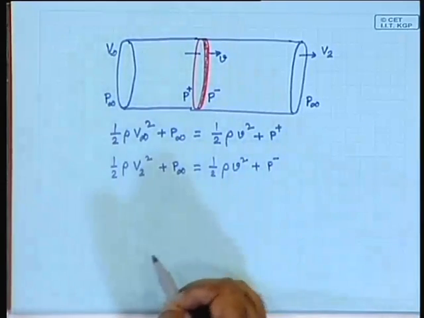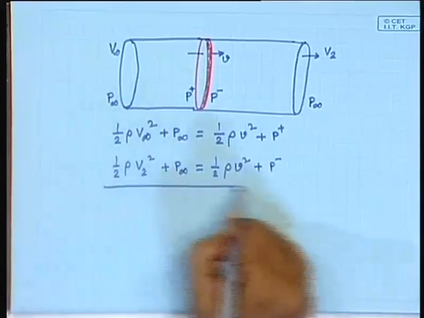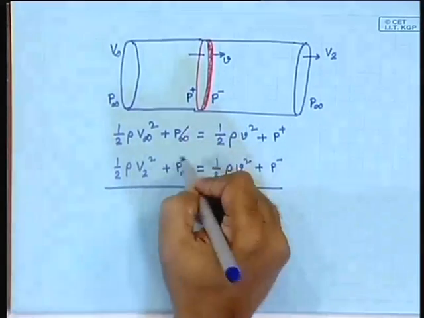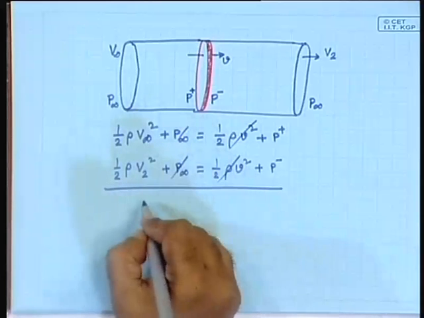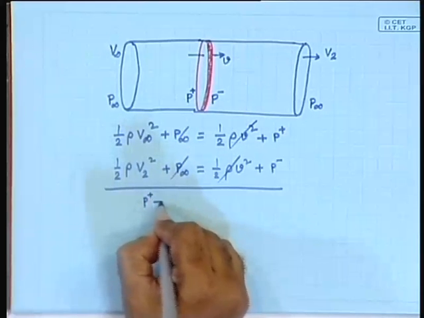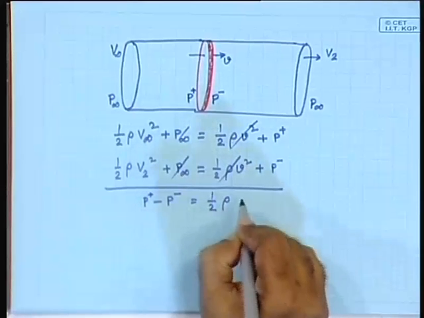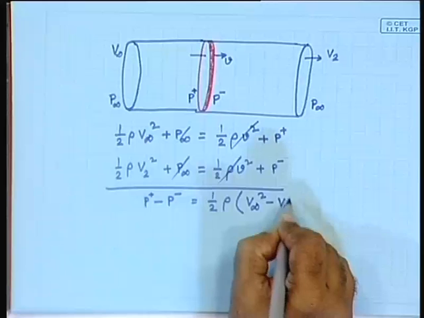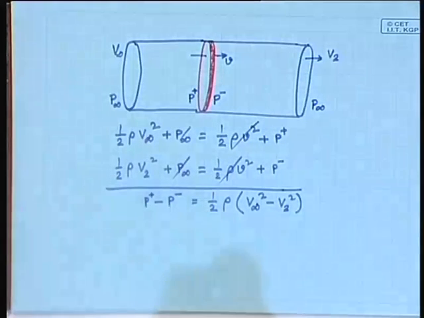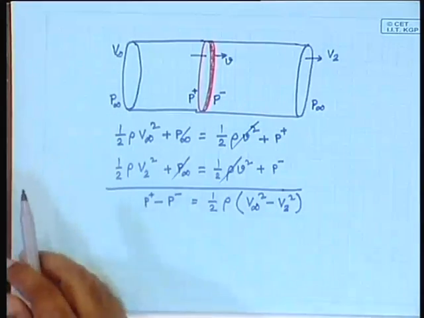Having written these two equations, we can subtract one from the other, and as a result this cancels off, we have P plus minus P minus is equal to half rho V infinity square minus V2 square. Good. This is one expression for the pressure difference between the two sides.